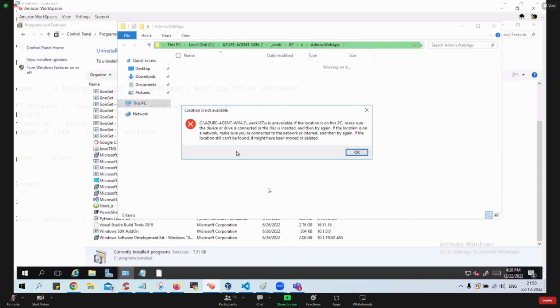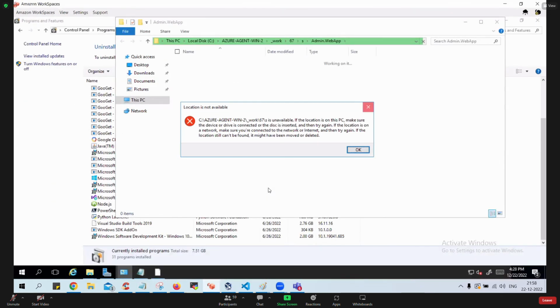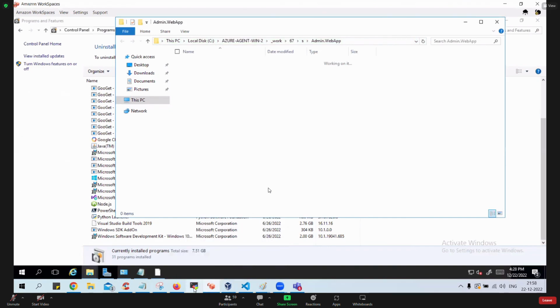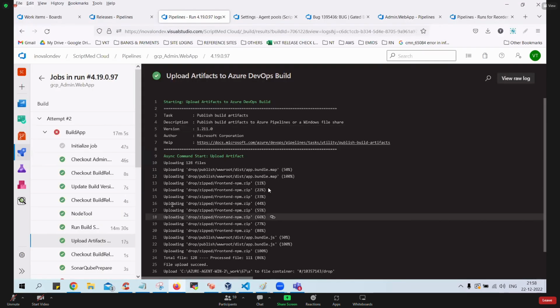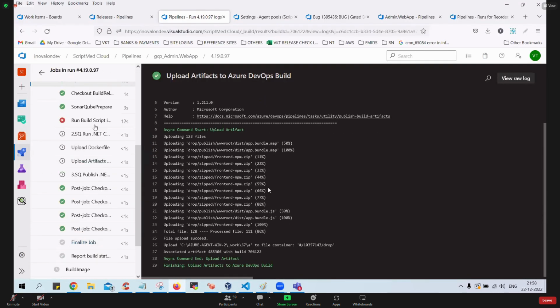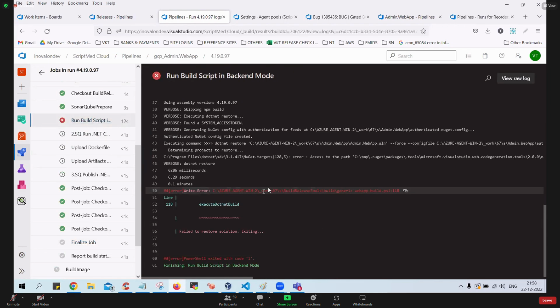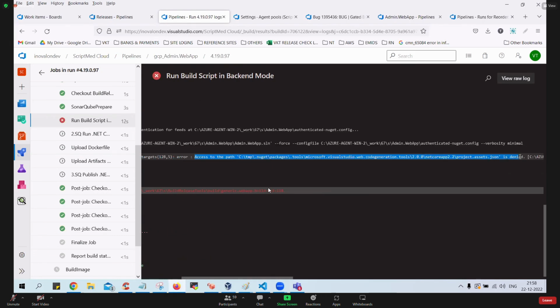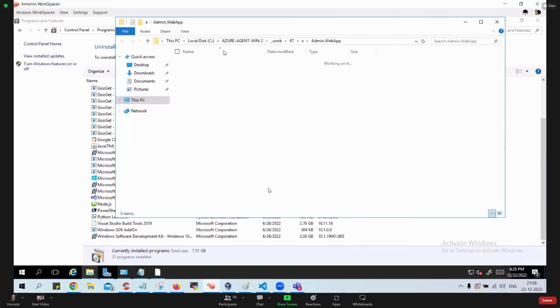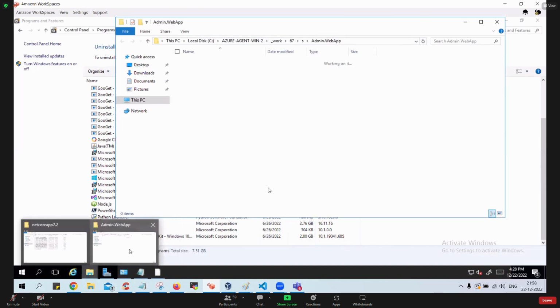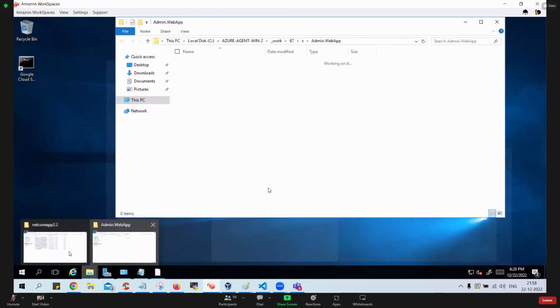See, guys, the live example: it is failing at this place, telling that so-and-so file is not there on this server, and access to the path is denied. I went onto the server and checked the file.